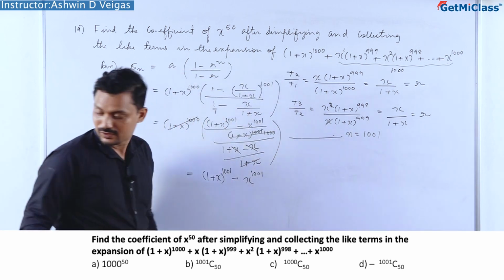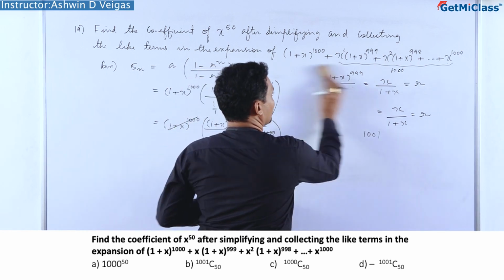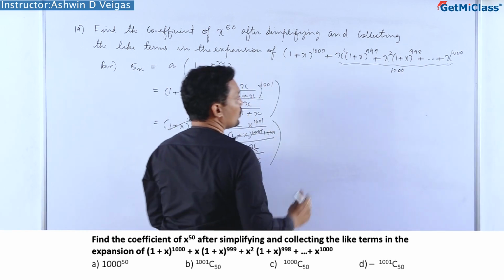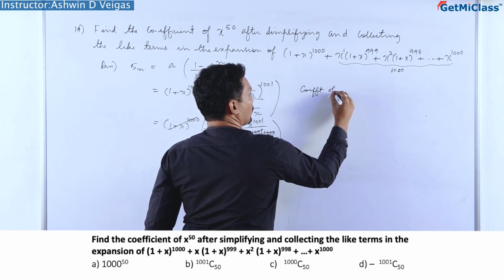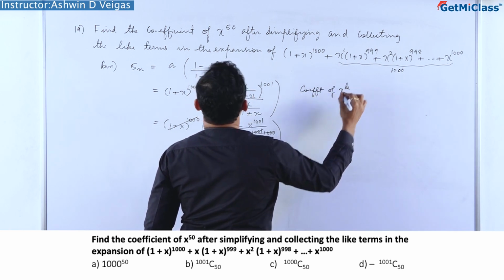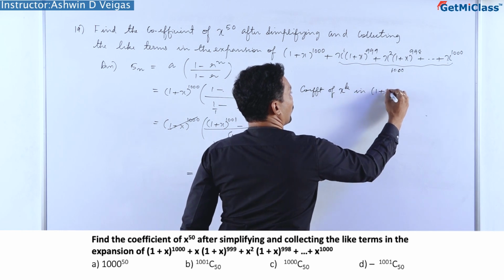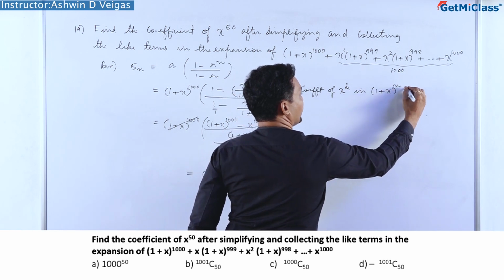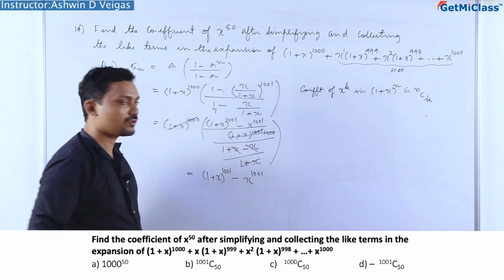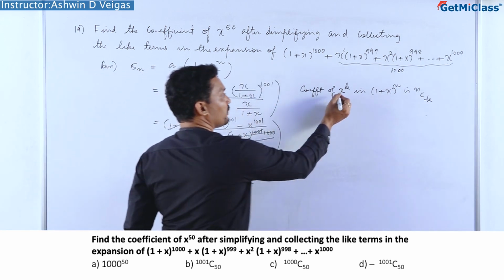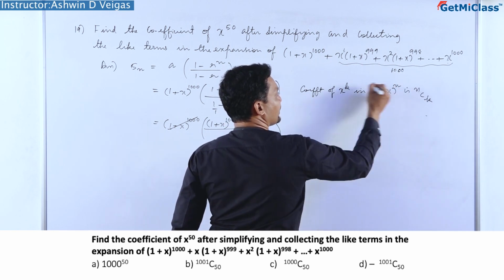So I will go for the concept now. The coefficient of x power k in (1 + x) power n is always nCk. This is a very important concept used in many questions. If you want the coefficient of x power k in (1 + x) power n, it is always nCk.